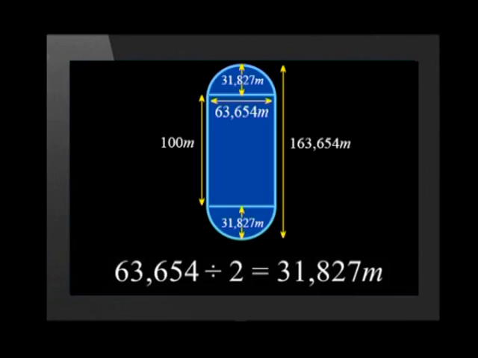The diameter of each semicircle is equal to 63,654 meters, which gives us a radius of 31,827 meters. Because these 2 semicircles have the same dimensions, we can just work out the area of a full circle and we will have the answer for both of them.